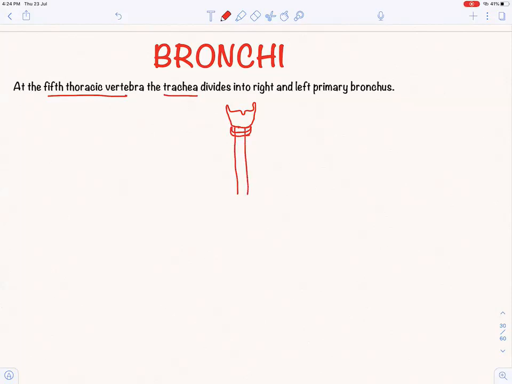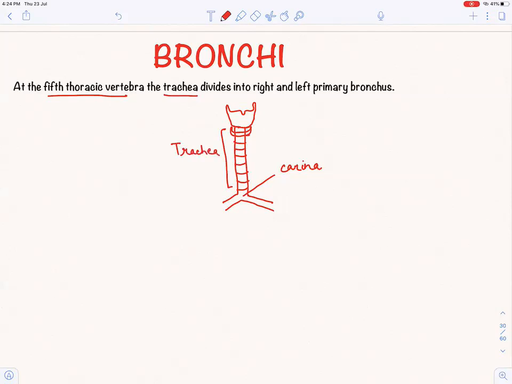This is the trachea with its cartilaginous rings, and this is the right one, and this is the left one. This is the carina that we had talked about, and this is the trachea that we had already talked about.